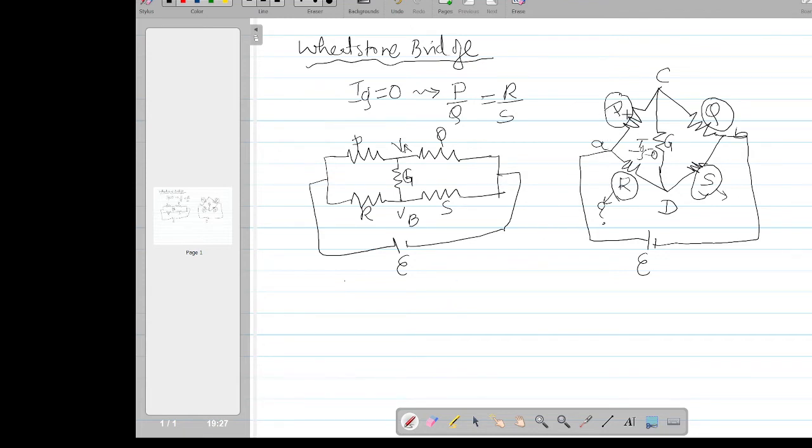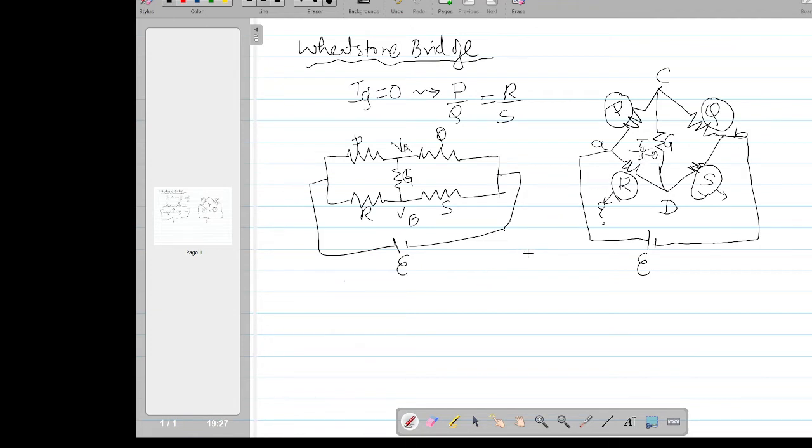Because we know the values of P, Q and S, we can easily calculate the value of resistor R, since between C and D we are making the Ig value 0, the current flowing through the galvanometer is 0, so we are not bothered about it.